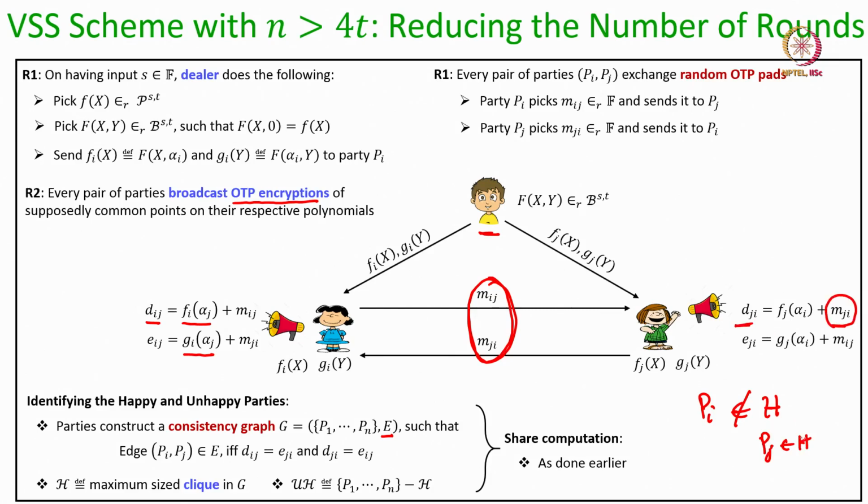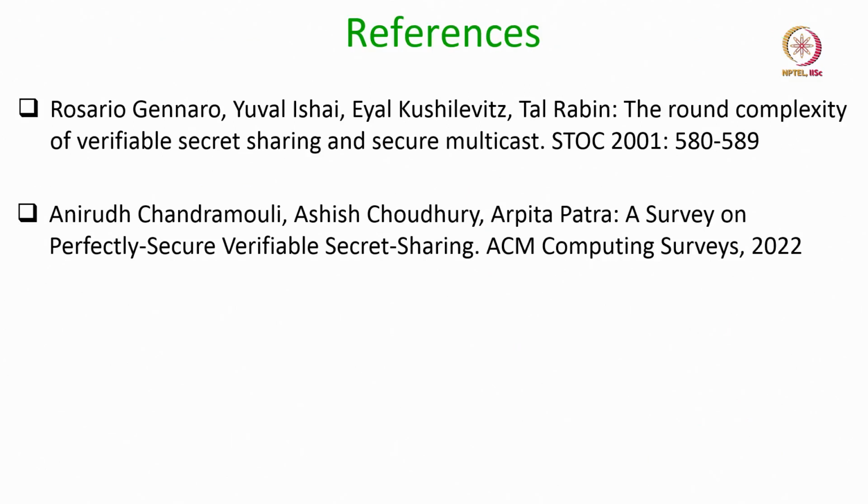So, pi can set aji to be dji minus mji, and then on these aji values it can apply the Reed-Solomon error correction as it was doing earlier and try to recompute its column polynomial gi of y. The rest of the details remain the same.